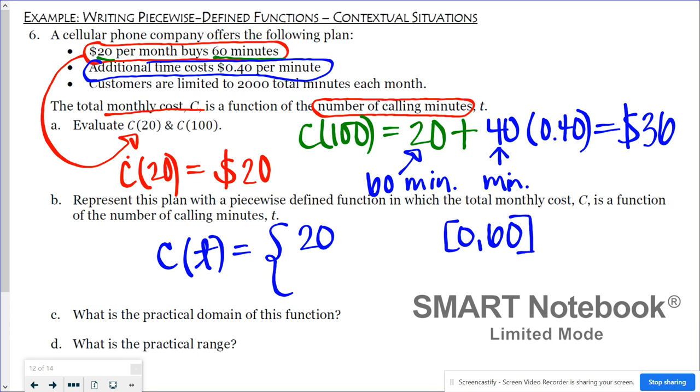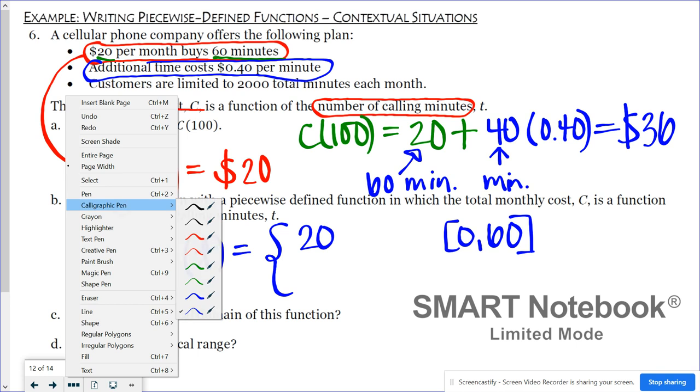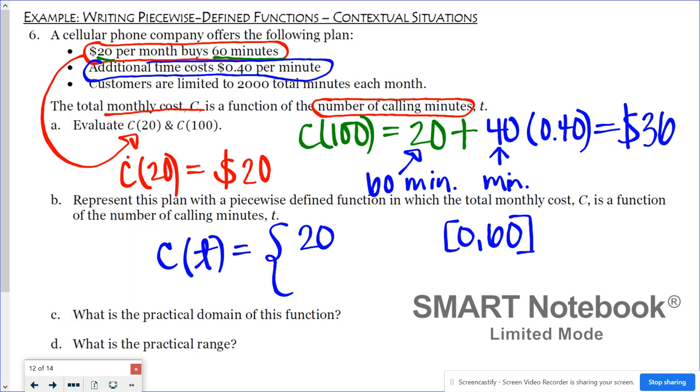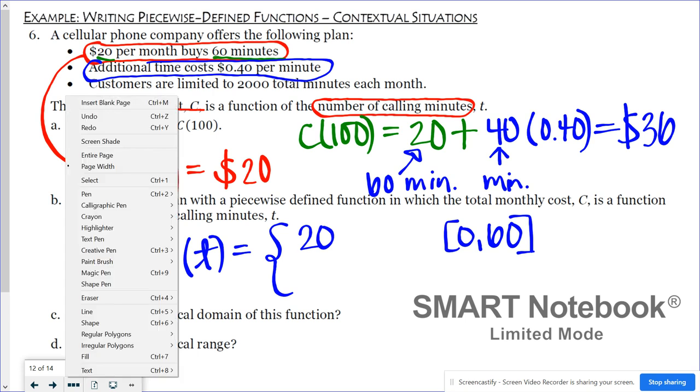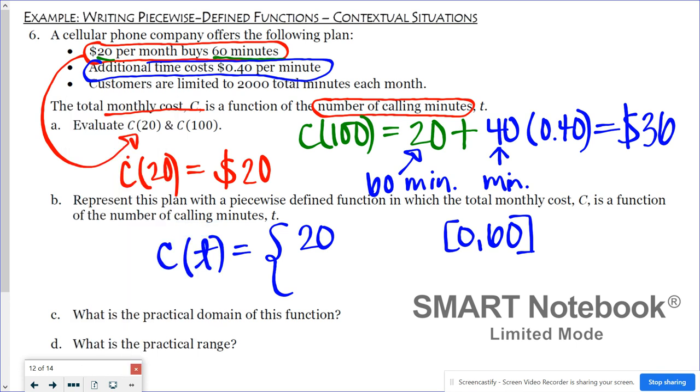Now let's talk about the additional time. We can use how we found the cost for 100 minutes to help us do this. So exploring what we wrote there, this is what we had. That's how we calculated the cost for 100 minutes.